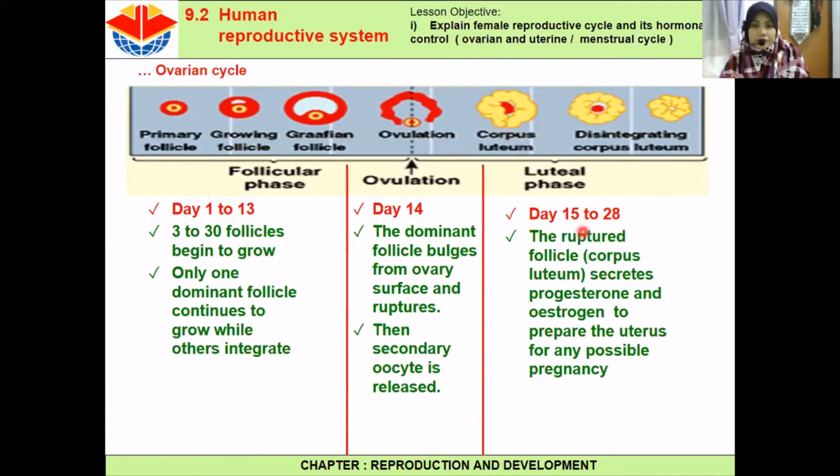So progesterone and estrogen itu pula diperlukan untuk preparation of the uterus if there is any pregnancy occur. So at last, this corpus luteum later will degenerate. Phase ini adalah tentang transformation of remaining follicle into the corpus luteum, and the corpus luteum will disintegrate.